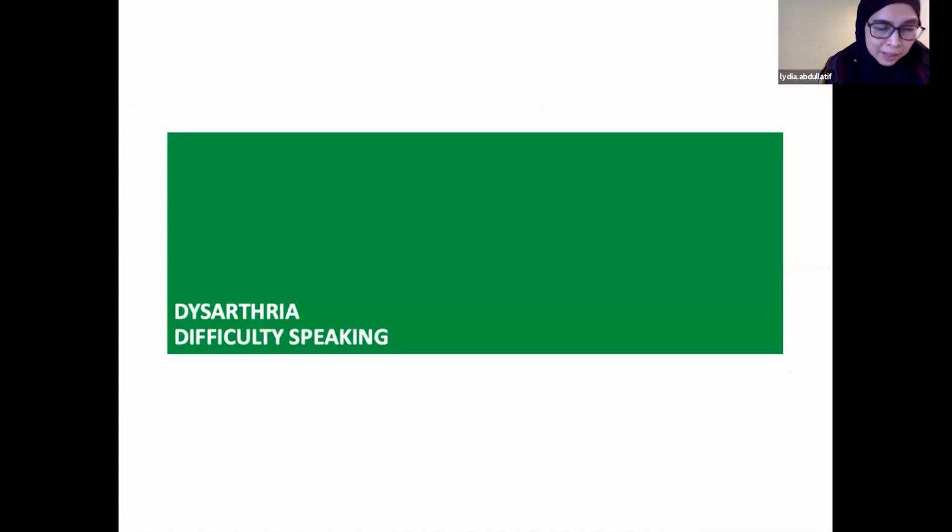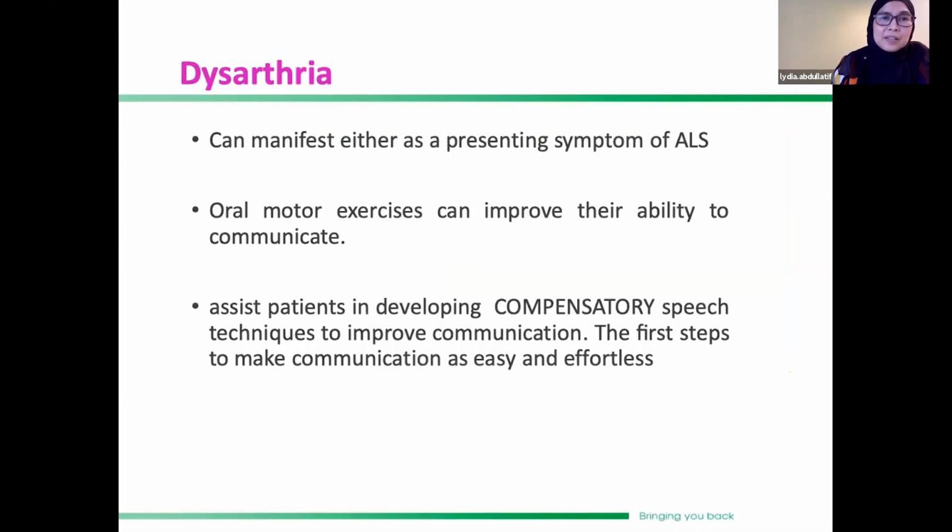So for the other impairment, which is difficulty speaking, dysarthria can manifest as one of the presenting symptoms of ALS. Again, oral motor exercise must be given because it can improve their ability to communicate.